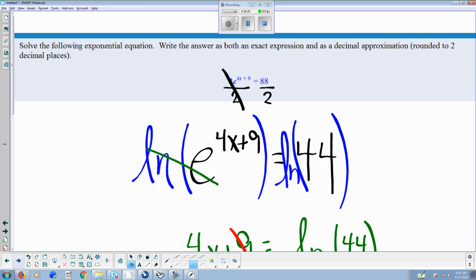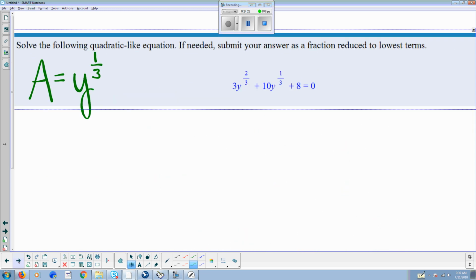It's the same idea here. You see the similarity? It's the middle power there. Even though this one has fractional powers, it's still set up the same way.